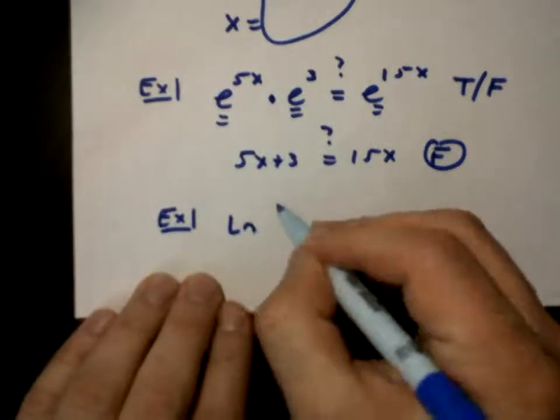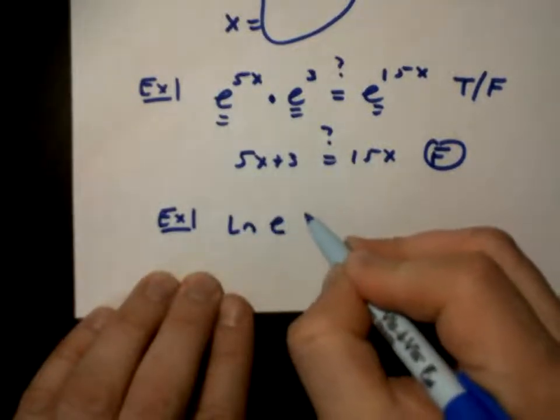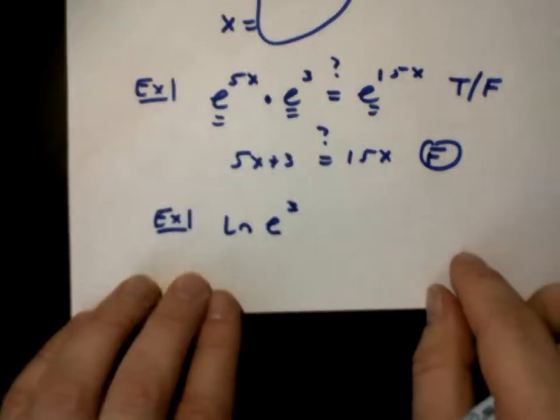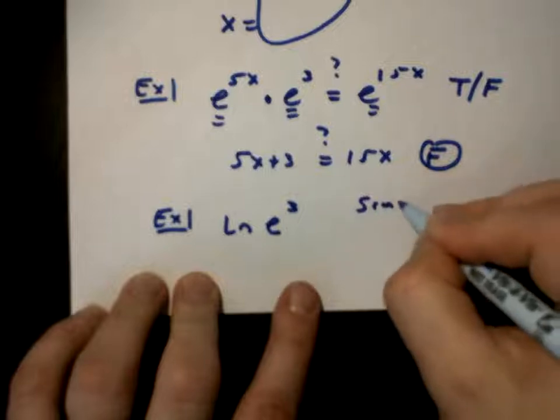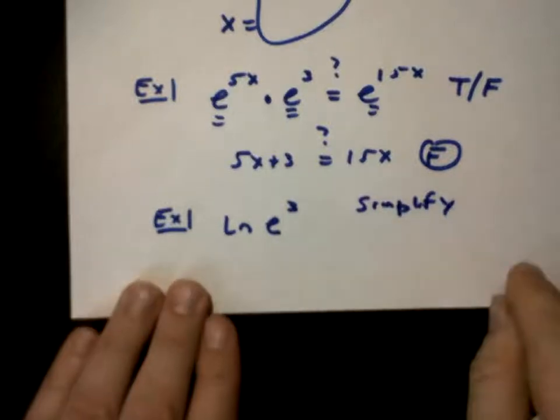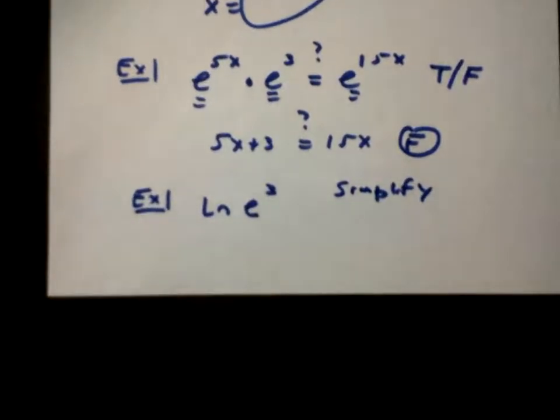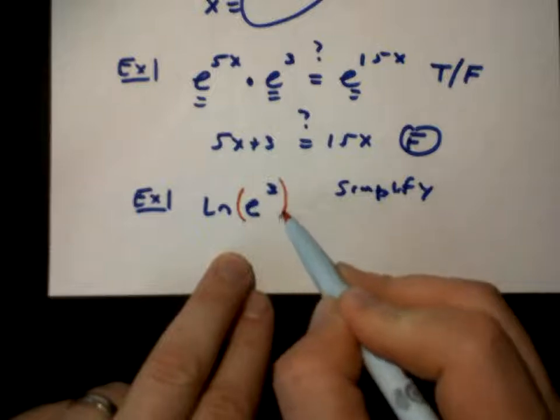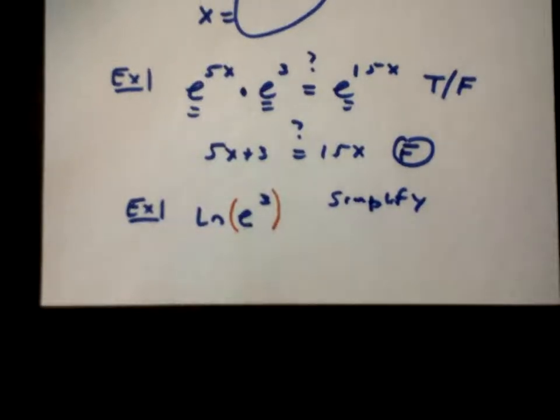Okay, let's do some more. What if we do ln of e to the third power. And I want to simplify. So this one's a simplify. A good way to help you out with this is that, remember, this ln is all this guy right there. And you're simplifying this.